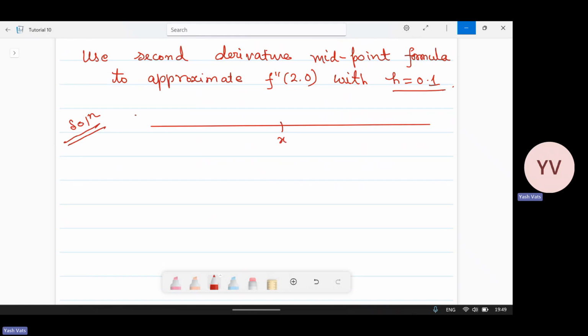So we have x naught plus h, x naught plus 2h, x naught minus h, x naught minus 2h.